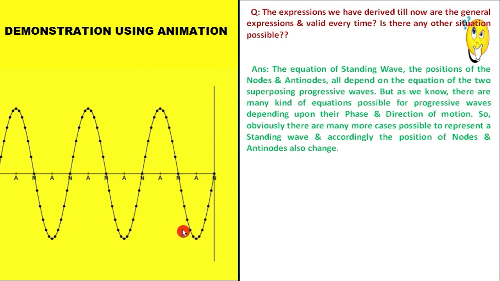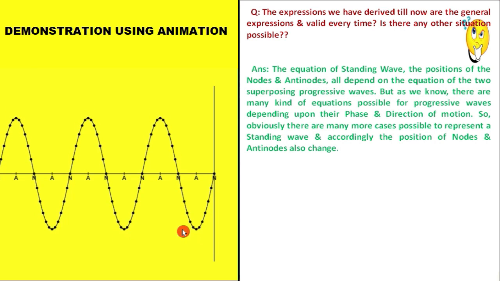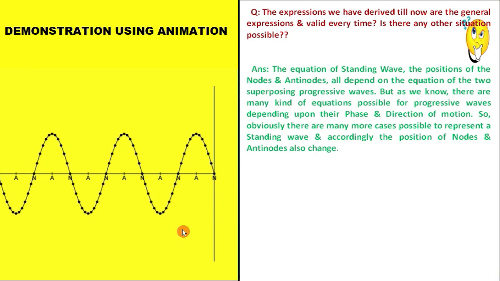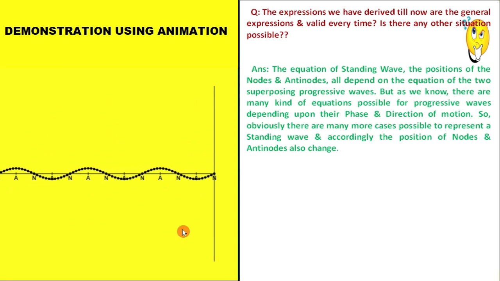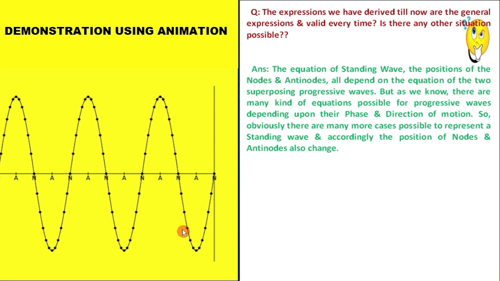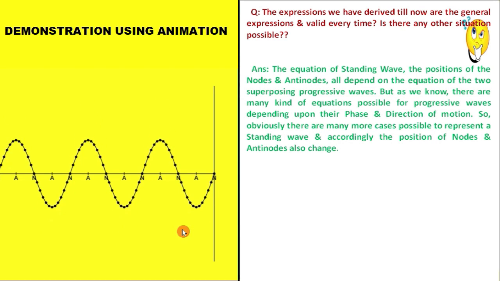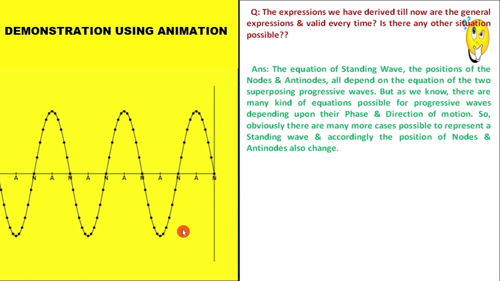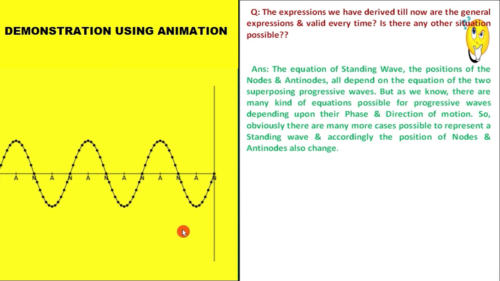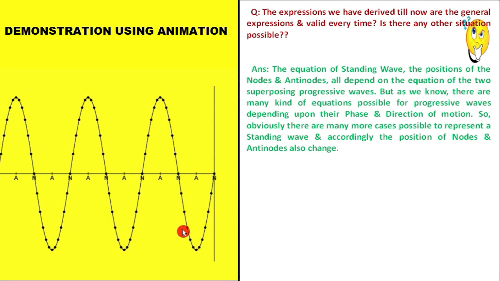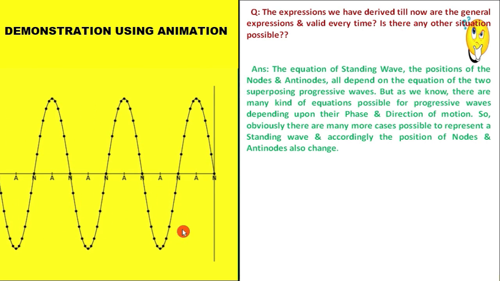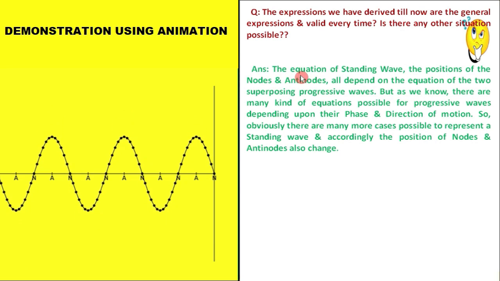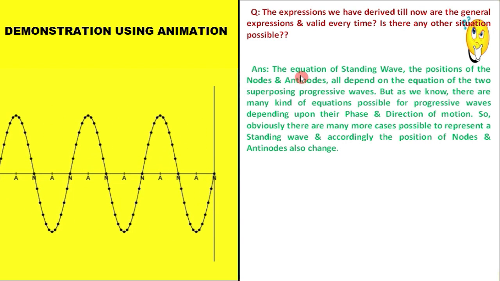If the initial phase was pi by 2 or something else, you will get a cos(omega t minus kx), a cos(kx minus omega t). Like that you can get many kinds of equations. It all depends on the direction of propagation and the initial phase of the wave. Is it clear? So where you got this position of nodes and antinodes, it was from the equation of the standing wave.